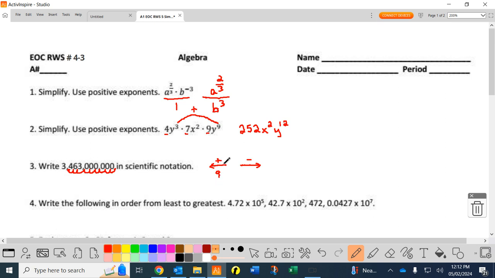So when we write this out, you're going to have 3.463. You do not need to write all those zeros behind it. They do not change the value of it when you're doing a decimal behind that. It doesn't have a number after the zeros, so that's as far as you need to go. And we would multiply it by a base 10 with a positive power of 9 written on it.